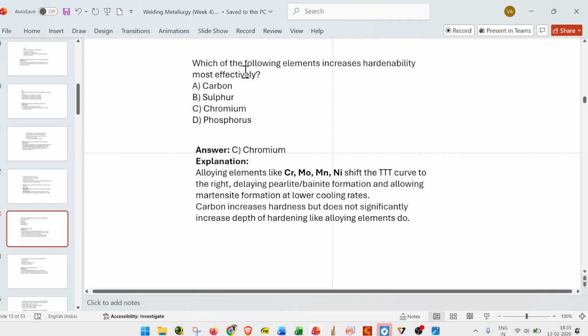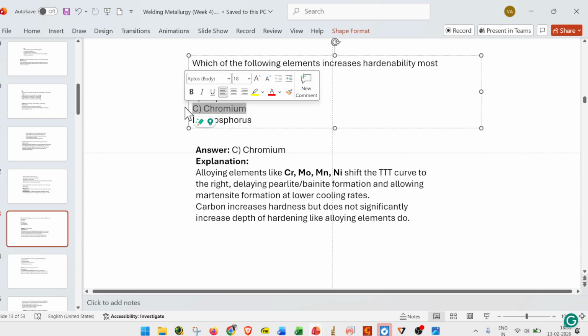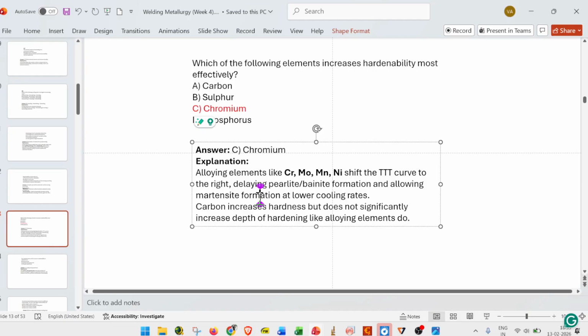Which of the following elements increases the hardenability most effectively? Among carbon, sulfur, chromium, and phosphorus, the answer will be chromium. Explanation: alloying elements like chromium, molybdenum, manganese, and nickel shift the TTT curve to the right, delaying the pearlitic and bainitic formation and allowing martensite formation at lower cooling rates.